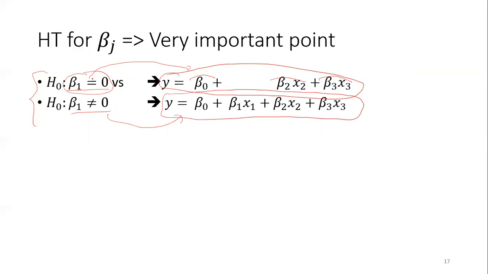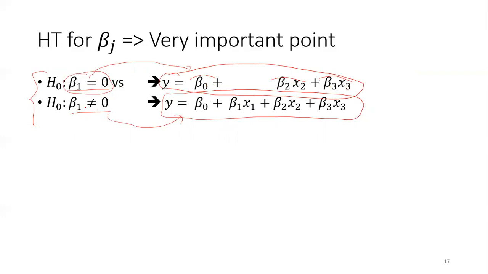Again, this hypothesis refers to the model where you already have x2 and x3, but you don't have beta 1. And beta 1 is not equal to 0 refers to the full model.